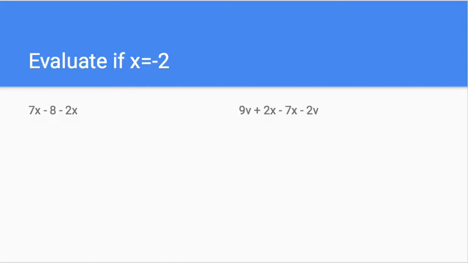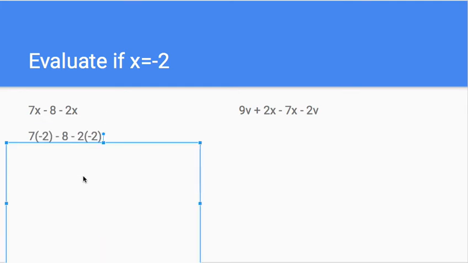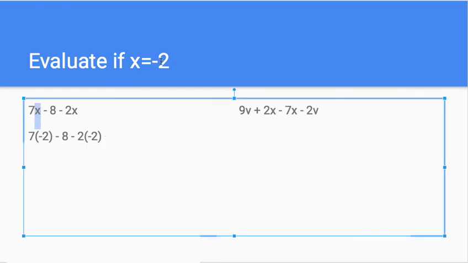Now my last problem that we're going to look at is just evaluating if we know what the variable equals. So here we're going to evaluate if x is equal to negative 2. So I have the problem 7x minus 8 minus 2x. Now I go through, and every time I see the letter x, I replace it with negative 2.